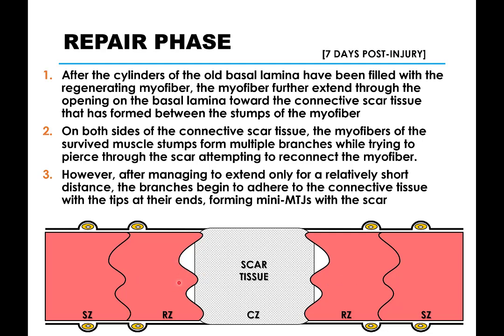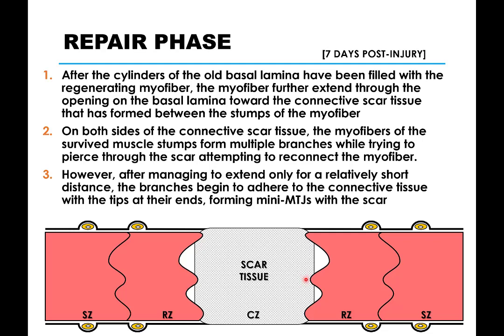Branches of the regenerating muscle fiber on both sides of the central zone begin to pierce through the scar tissue in efforts to reduce the scar tissue and to interlace the two fiber stumps together, creating one whole intact muscle fiber back to its original state. However, as time passes, the fiber can only extend far enough before regeneration ceases.